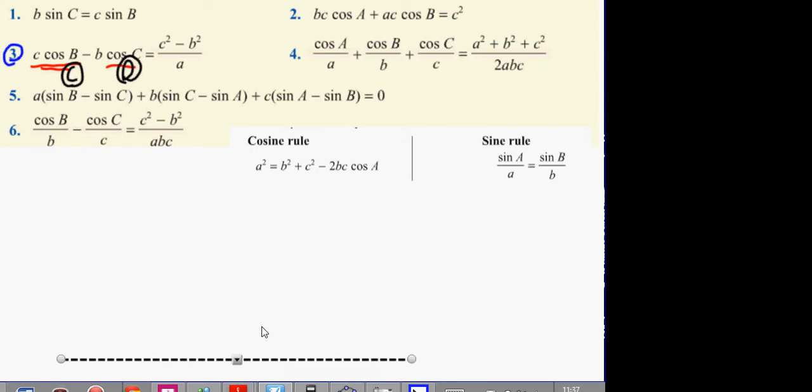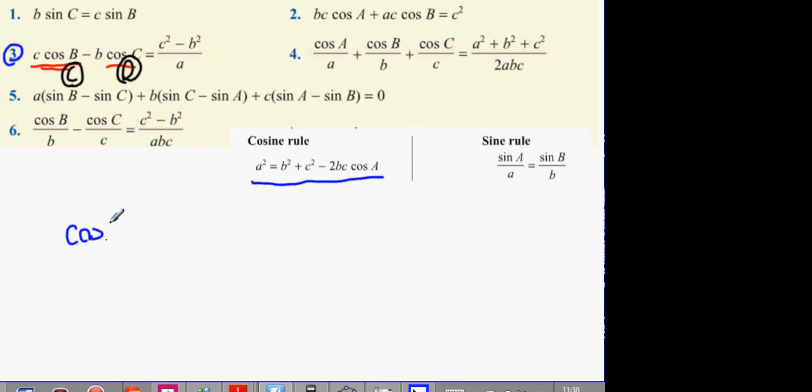So we want number 4 done, is it? Yeah, that's good. Okay. Number 4, okay? Lads, what I'm going to do here at the start is this, okay? I'm going to use this formula, and I'm just going to write down what cos A is, okay? Cos A is going to be, sorry, I won't do it too quickly.